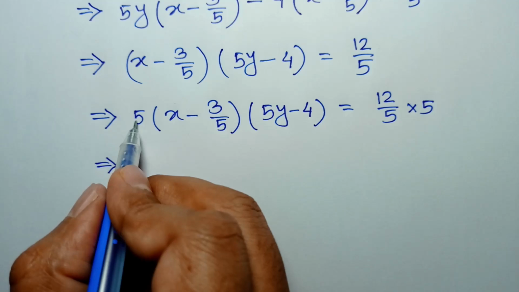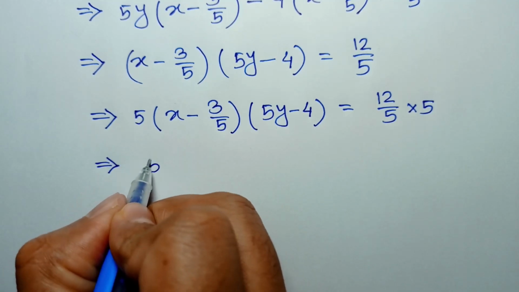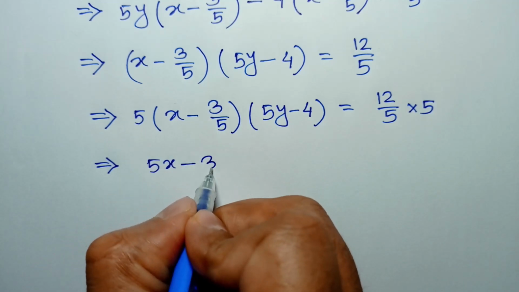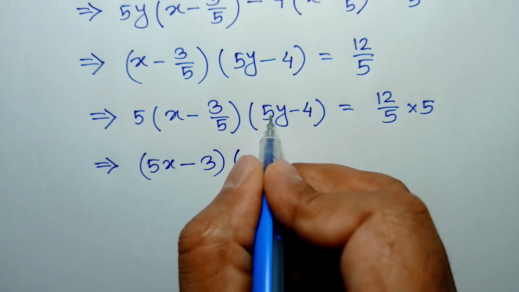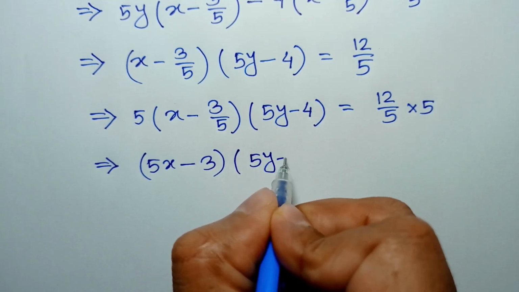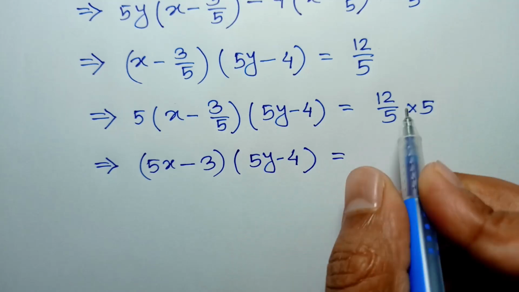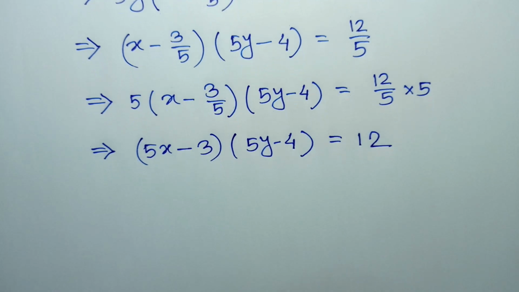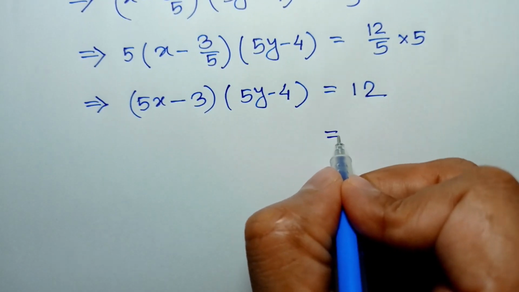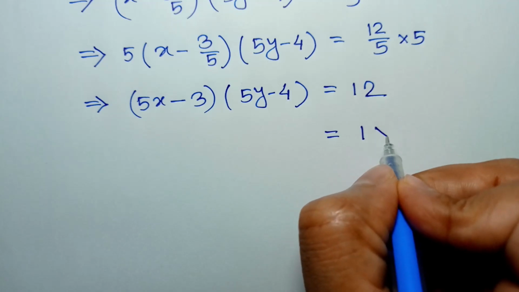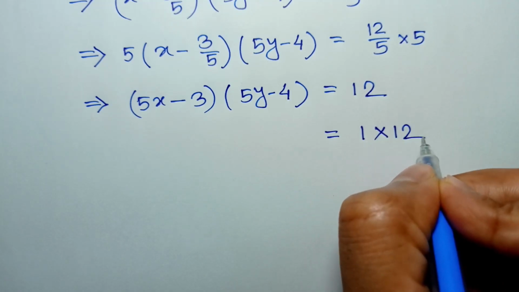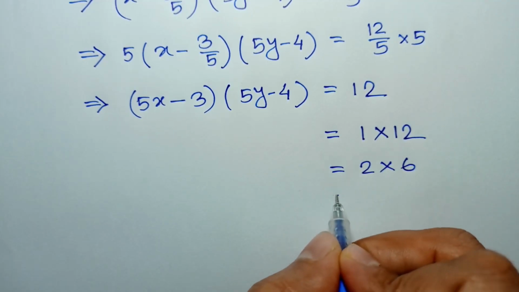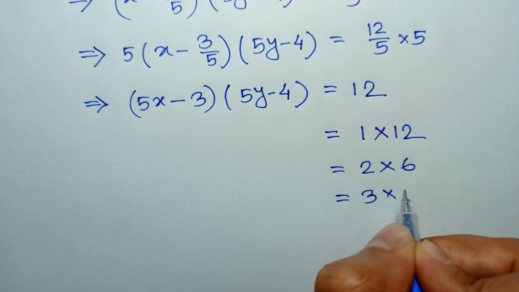This 5 times x is 5x minus, this 5 and 5 will cancel, so it will be 3, and 5y minus 4 is equal to 12, since the 5 and 5 cancel. Now 12 can be written as 1 times 12, or 2 times 6, and 3 times 4.